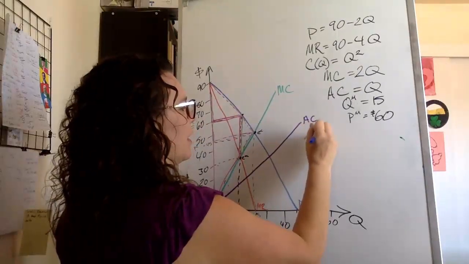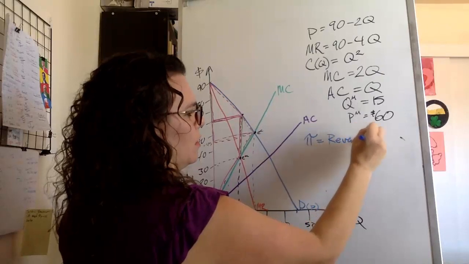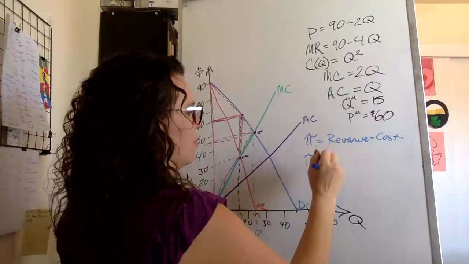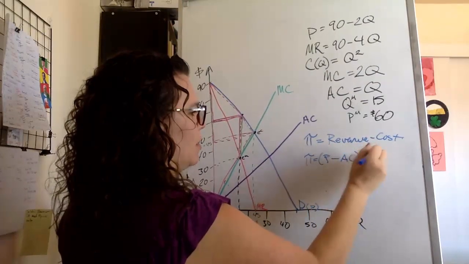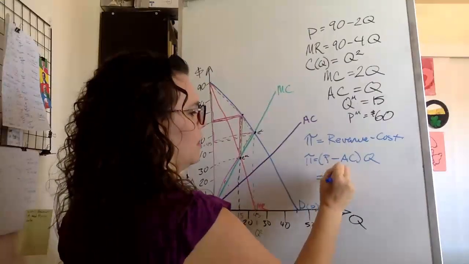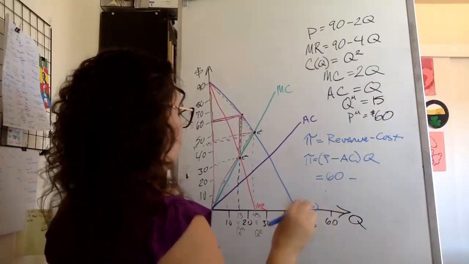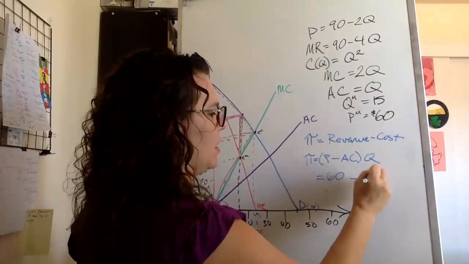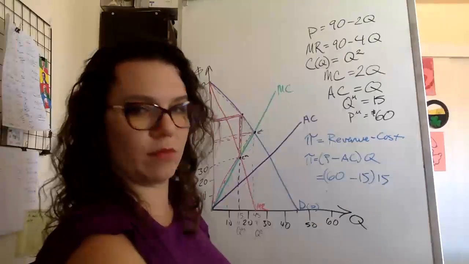So profits are going to be equal to revenue minus cost, or we can just calculate it as the price minus average cost times quantity, which is going to be 60 minus average cost at a quantity of 15, which is 15, times a quantity of 15.